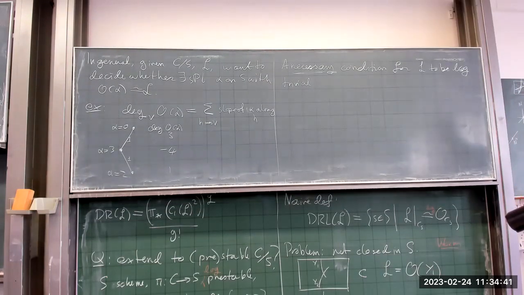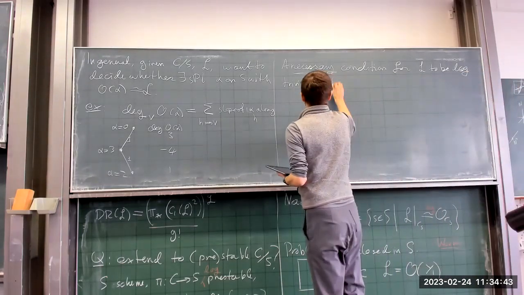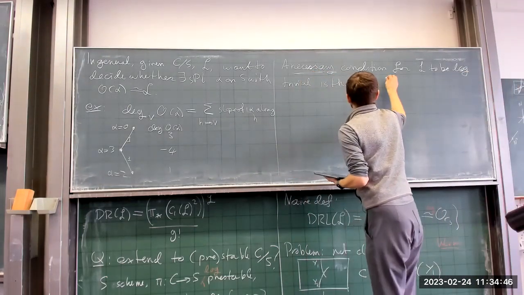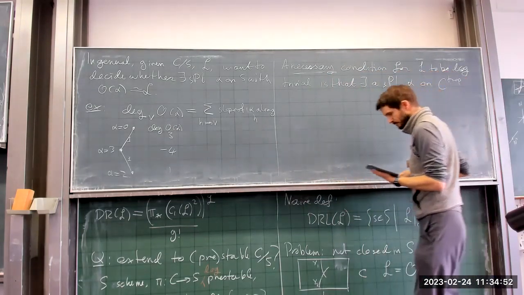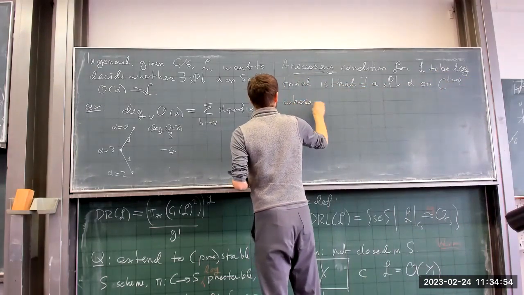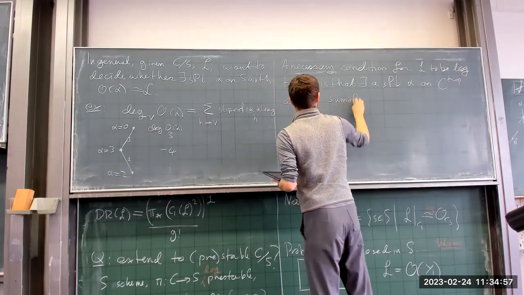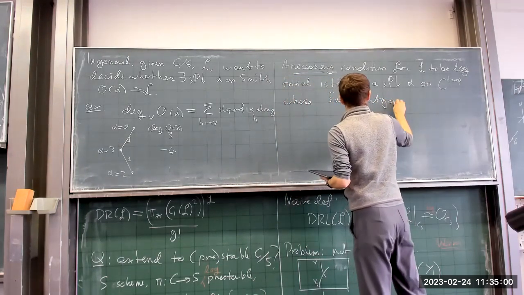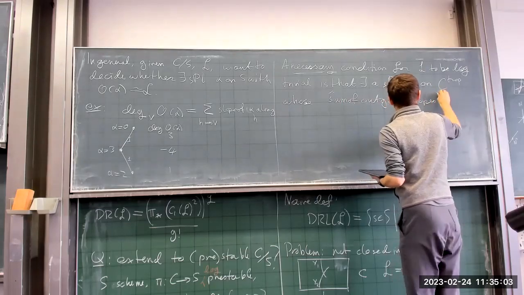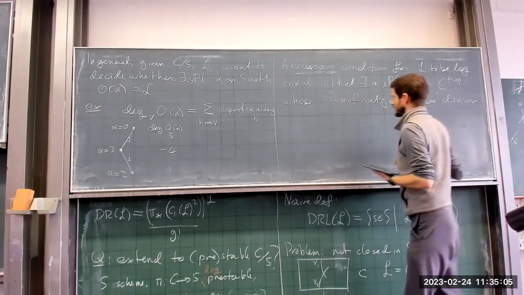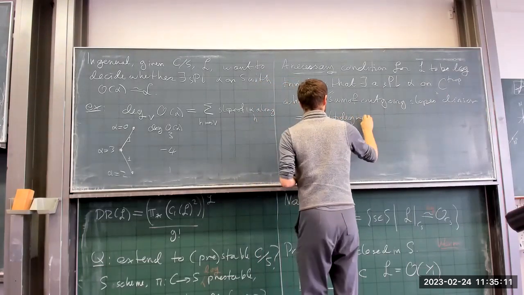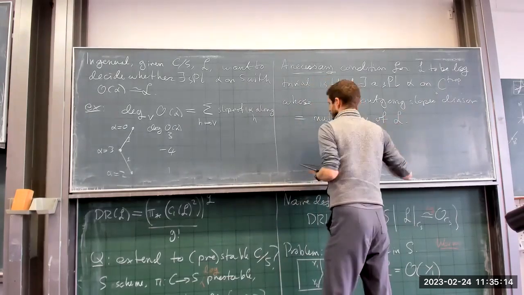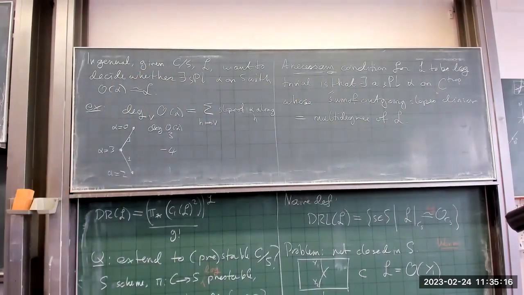So a necessary condition for L to be trivial is that there exists a piecewise linear function alpha on the subdivision of my curve whose sum of outgoing slopes is equal to the multi-degree of L. So the idea is that if L is going to be trivial, then L should be O of alpha.